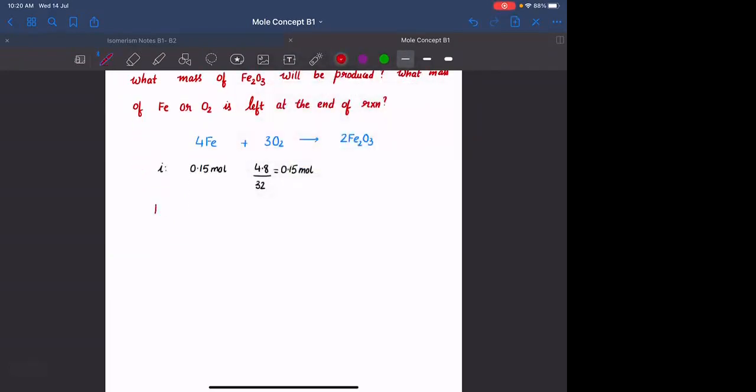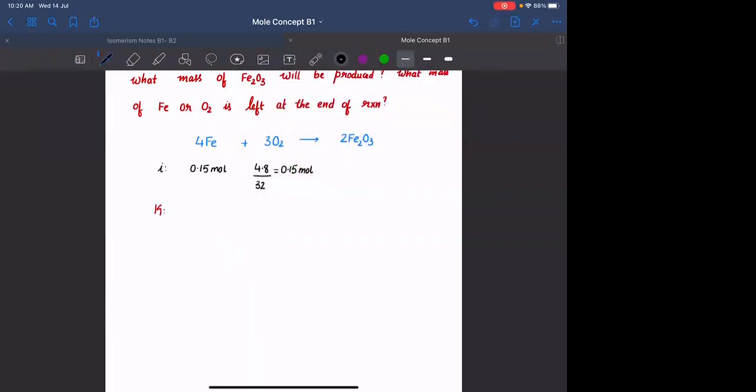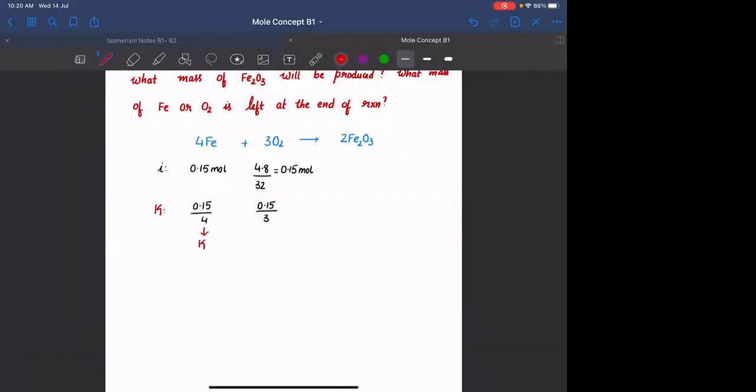Which is the limiting reagent then? Fe ना, ये 0.15 upon 4 है, 0.15 upon 3 है. So this is going to be the limiting reagent. This is going to be the excess reagent.